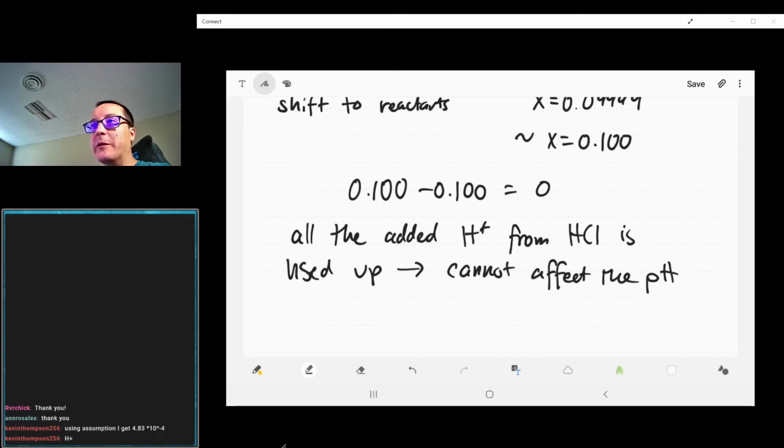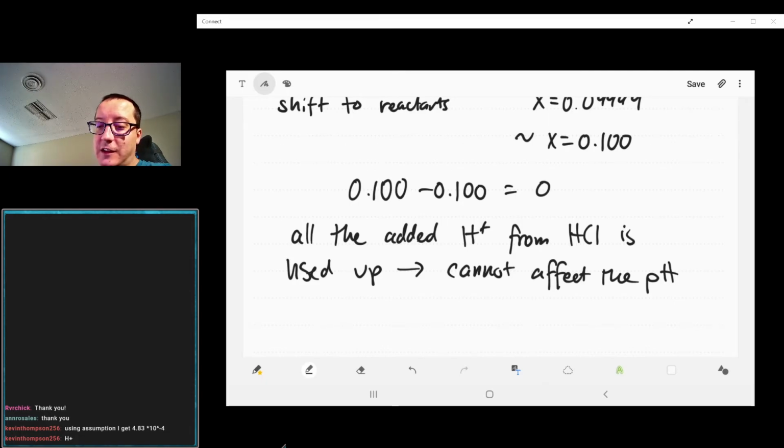So we kind of made the assumption there that the acid from the acetic acid was negligible, which, technically, we saw in an earlier exercise is negligible compared to the acid from HCl. So this HCl that we've added doesn't really affect the pH.